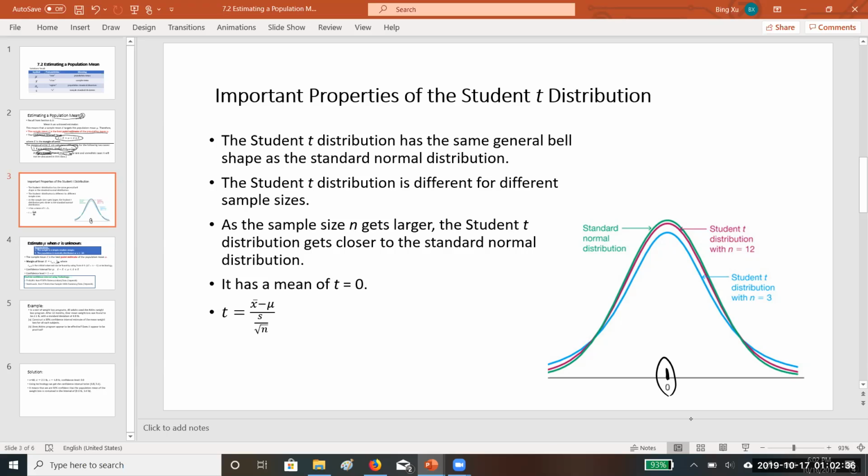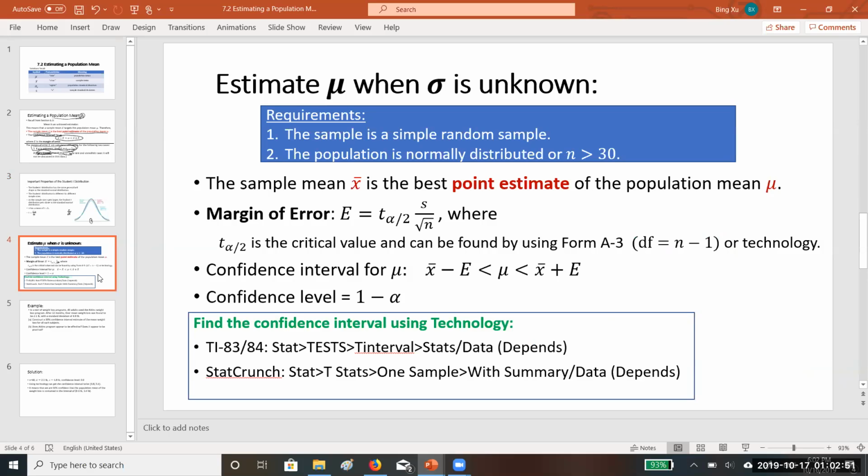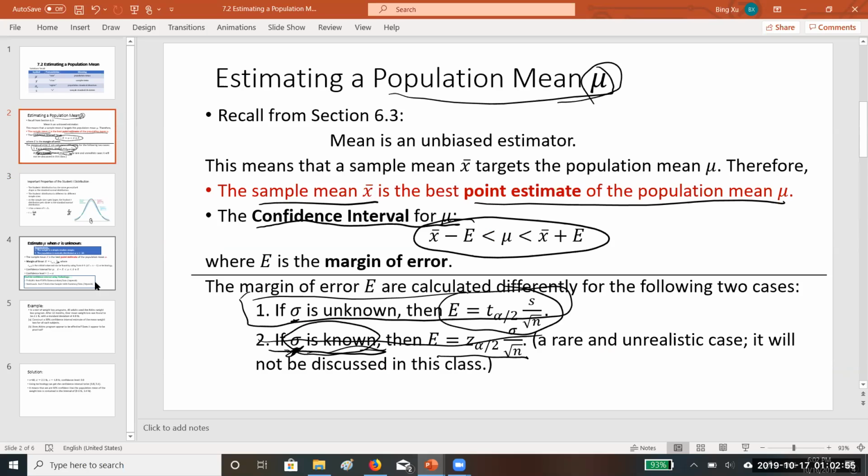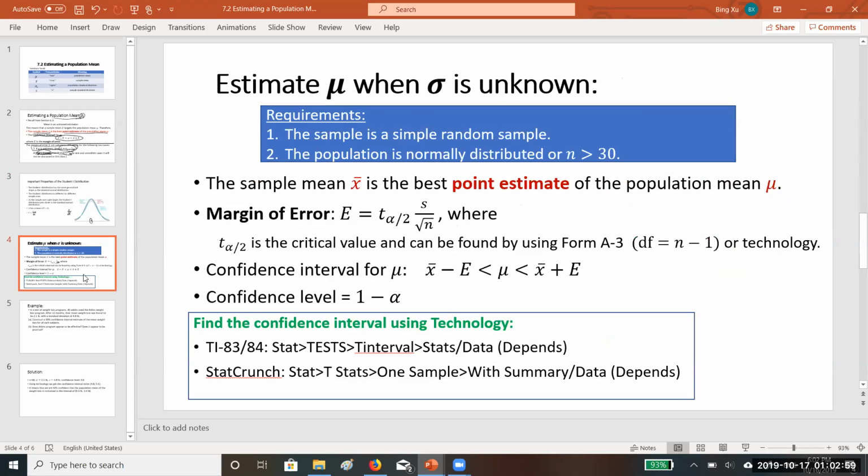Standard deviation is s divided by square root of n. So standard deviation is changed based on your n. Anyway, we usually don't use the formula because you can just use technology to find the value if you know where to find it.